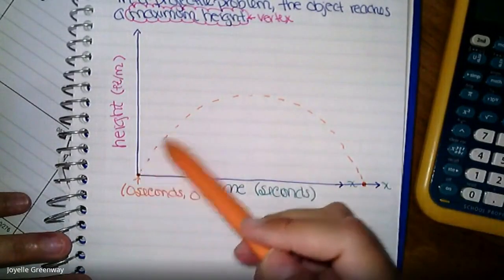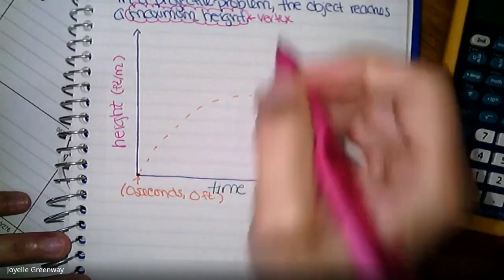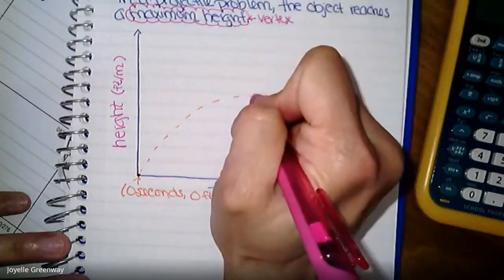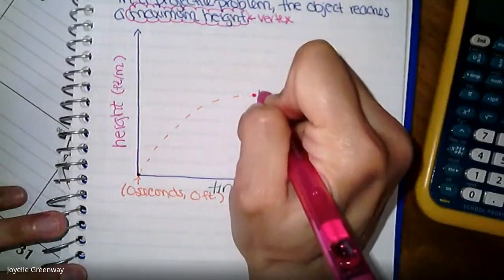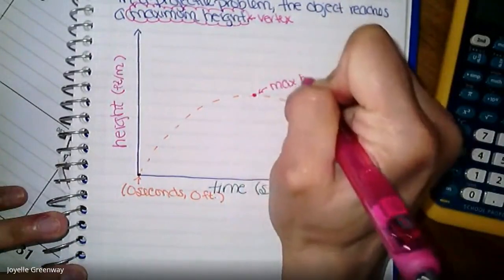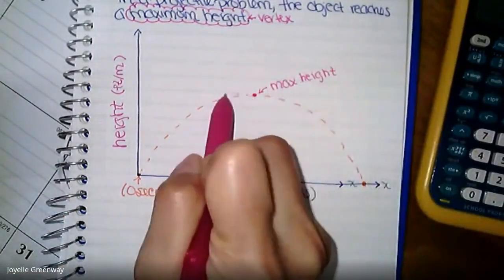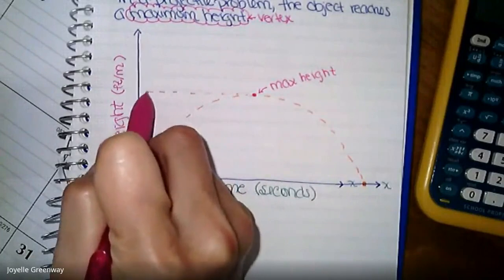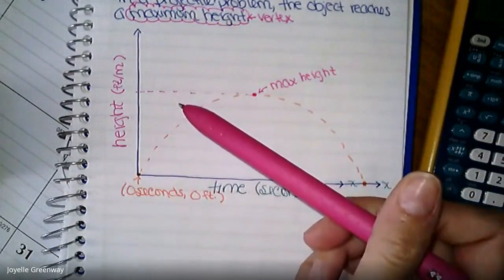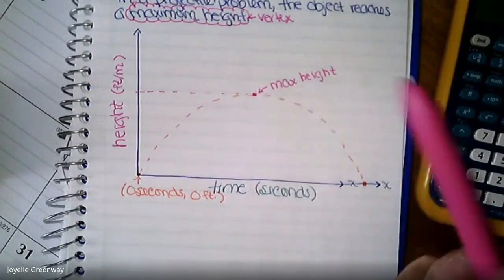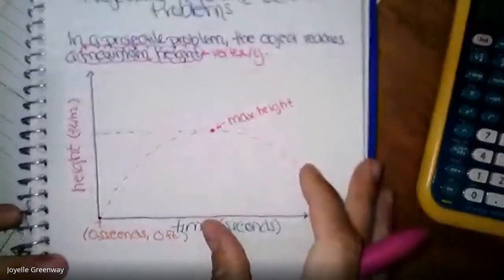Here's your parabola, here's your quadratic function. So here is your max height. Now, if it says how high, that's going to be the y coordinate of your vertex.